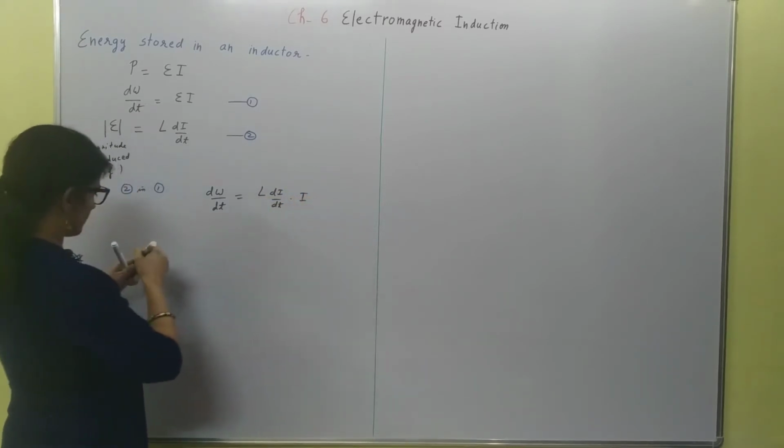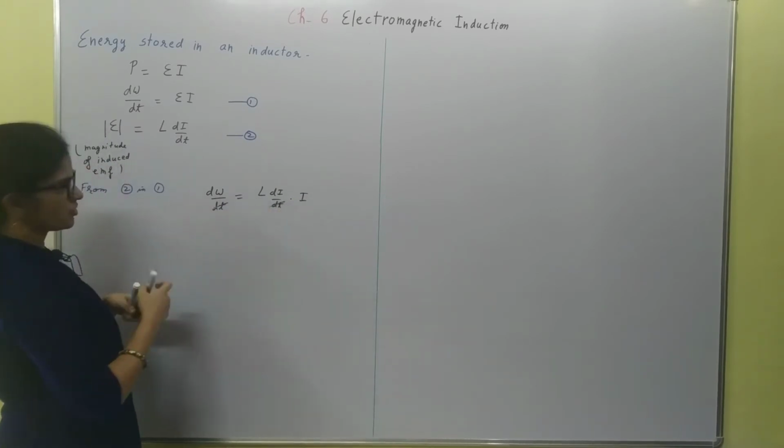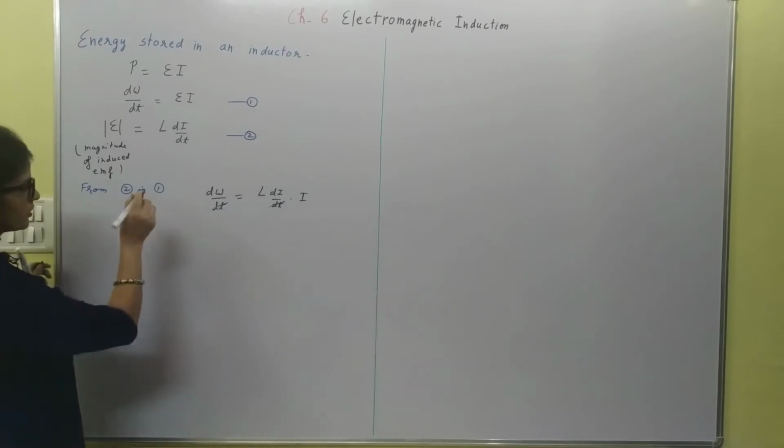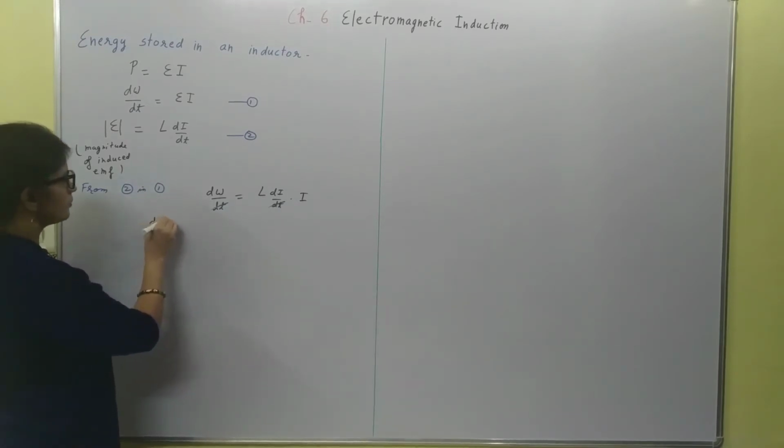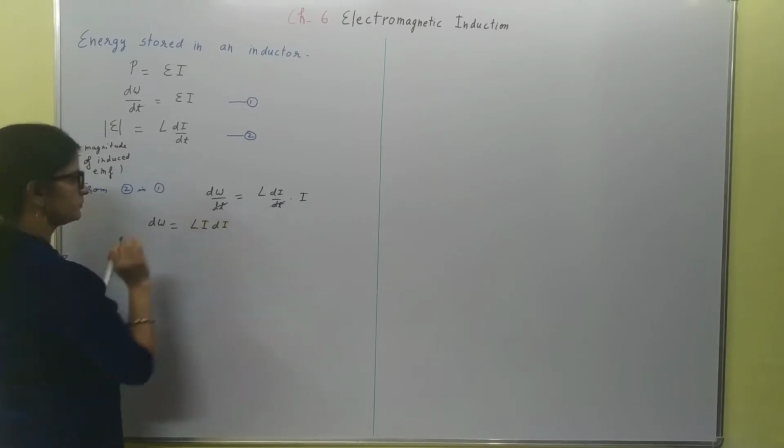I. This can be cancelled because on both sides we are taking the rate of change with time. So dW is equal to L I di, right?